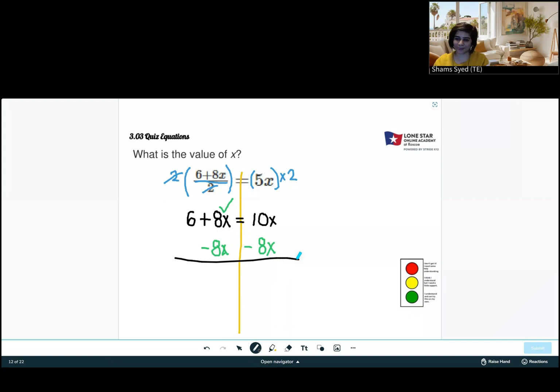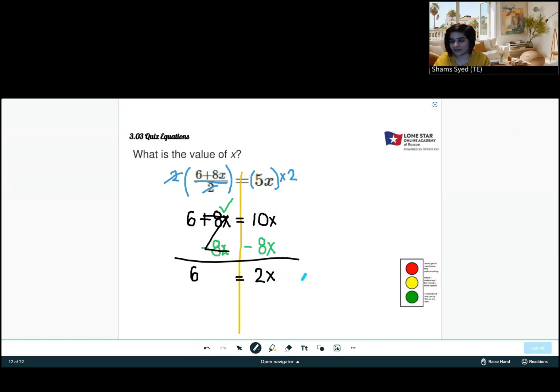Okay. We bring down the 6. Nothing happened to the 6. A plus 8x minus 8x cancels out. So basically, there's nothing but 6 anymore. 10x minus 8x. Vida, you're right. It's 2x.